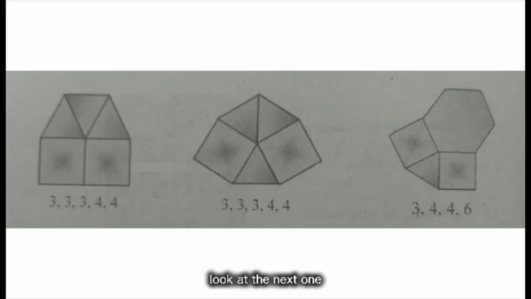The next one has 3 triangles and 2 squares also, so the name is also 3, 3, 3, 4, 4. The next one has 1 triangle, 2 squares, and 1 hexagon, so the name is 3, 4, 4, 6.